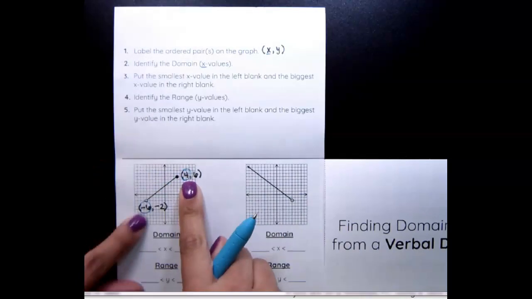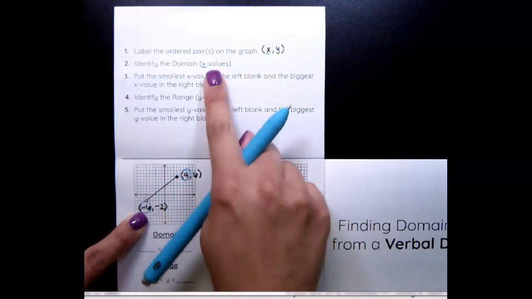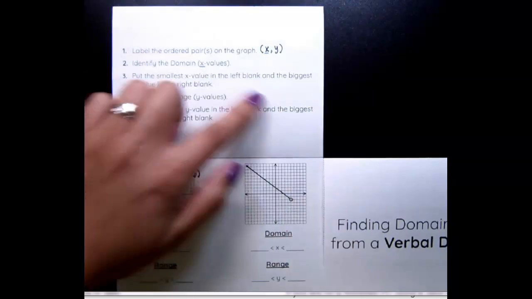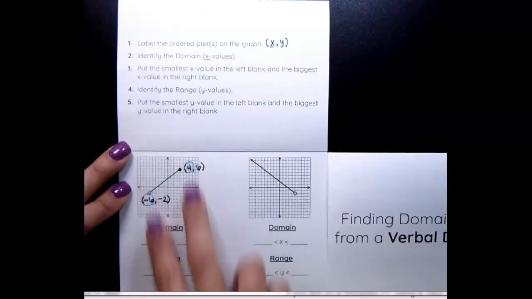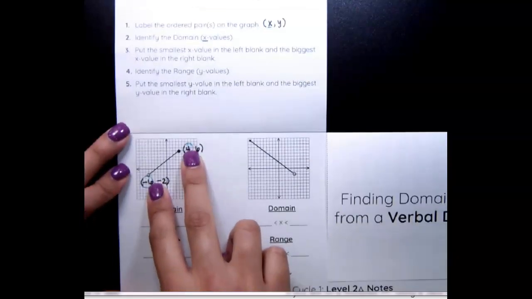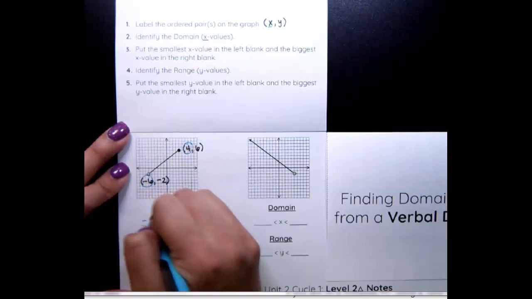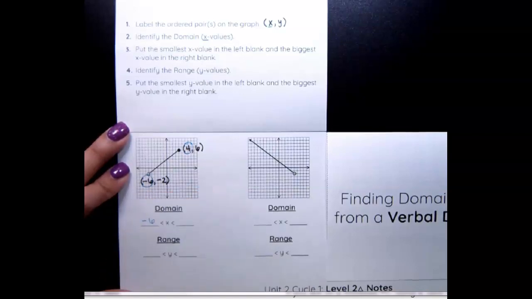So that means I am looking at -6 and 4 because those are the first numbers, and I'm looking for the x values. Put the smallest x value in the left blank. So if I have these two numbers, -6 is my smaller number. So that is what goes in the left blank.